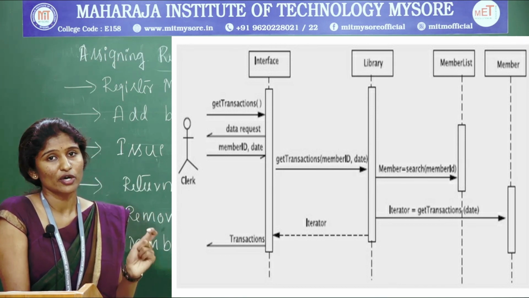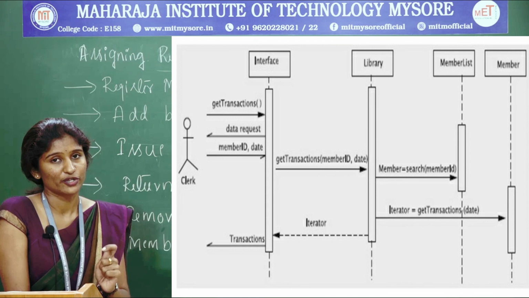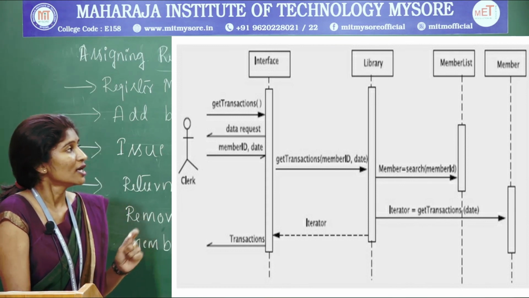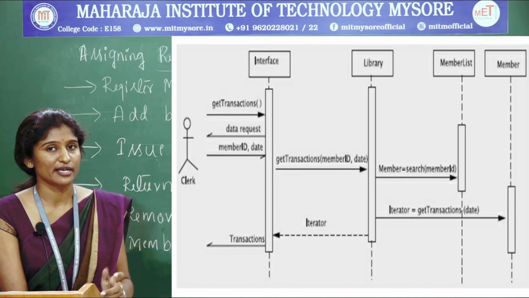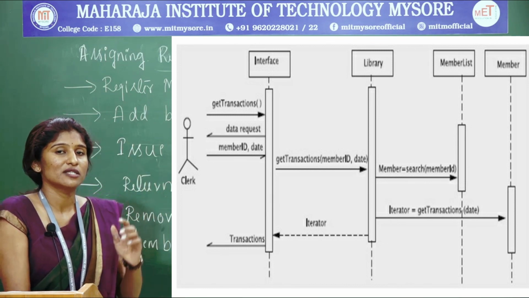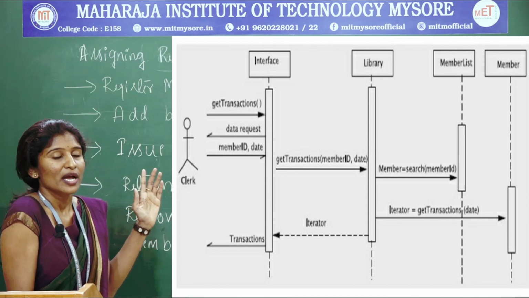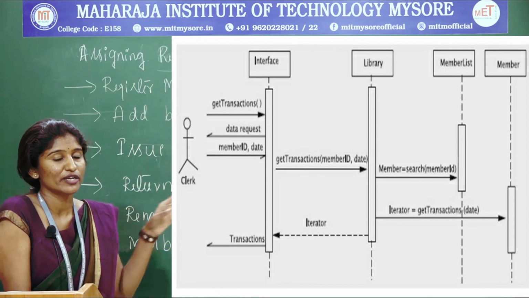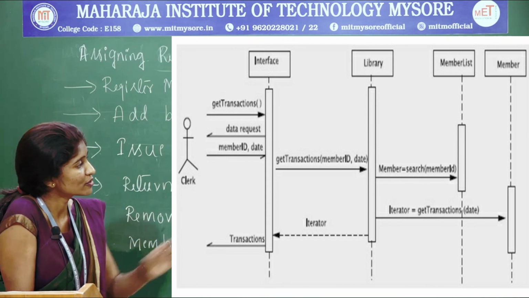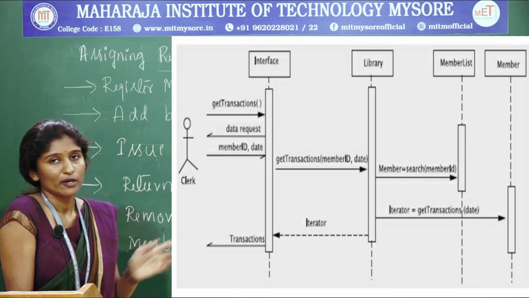After searching that, we perform the iterator operation, that is, we use iterations for the particular member, because we need to print out the transaction details. That is why we need to consider the dates specified, from the starting date to the end date, and from that date we need to take a printout. So we are going to use the iterator operation.